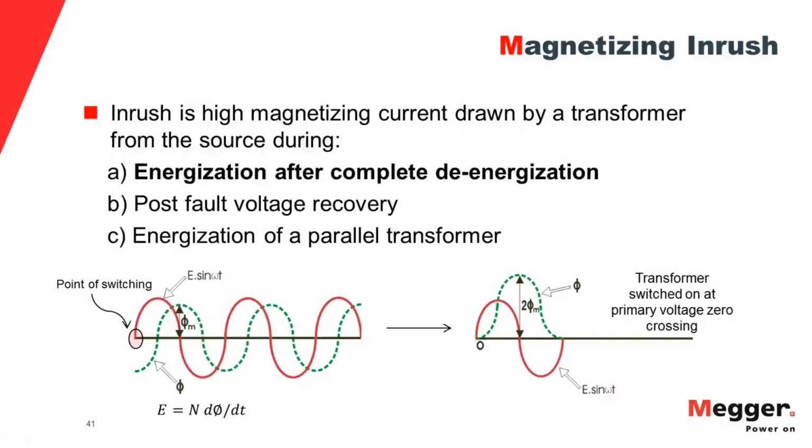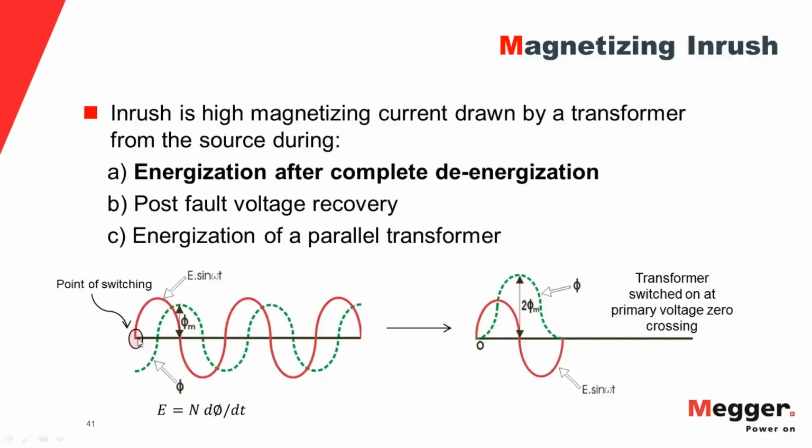So now let's talk about some of the abnormal conditions in the system, which could be caused by the transformer or by system conditions. The first abnormal condition is magnetizing inrush. What is inrush?